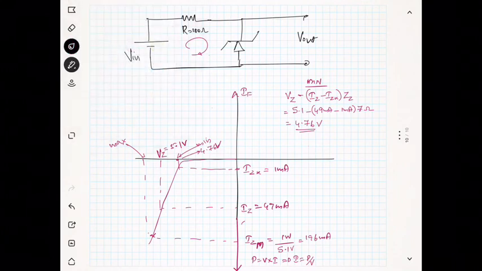Similarly, you can obtain the maximum. What is the maximum? It is nothing but Vz plus (Izm minus Iz) into Zz.